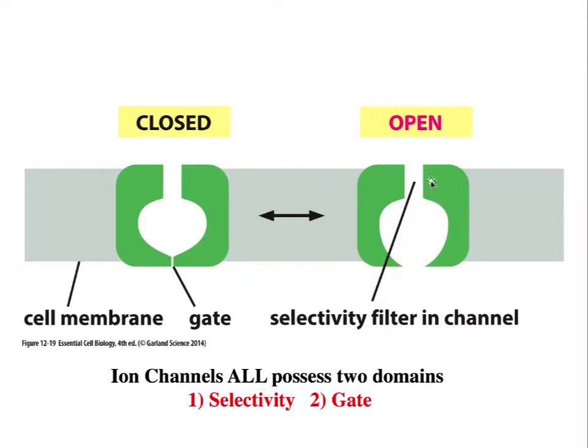Another domain on the same protein is responsible for selectivity. That means it filters which type of ions can get through, and we'll see that on the next slide. But these two properties, selectivity and the fact that they're gated, is unique to ion channels as opposed to just simple membrane holes between cells that you see in other situations.